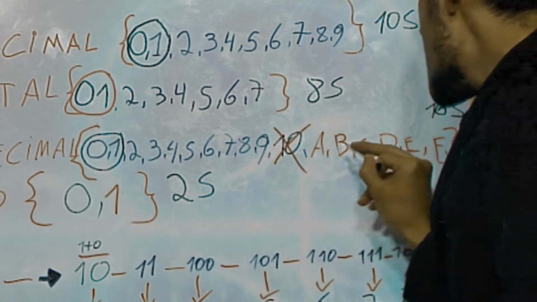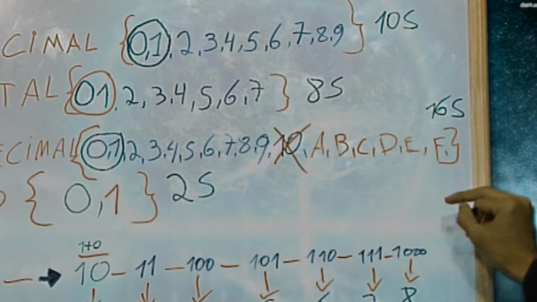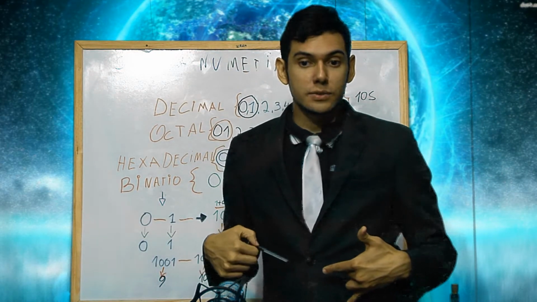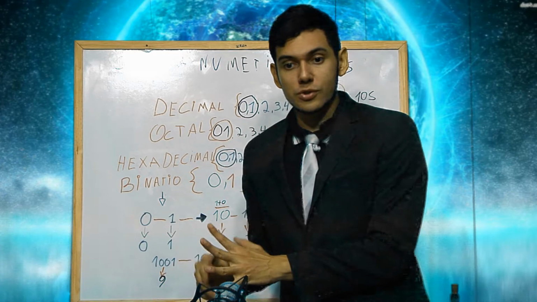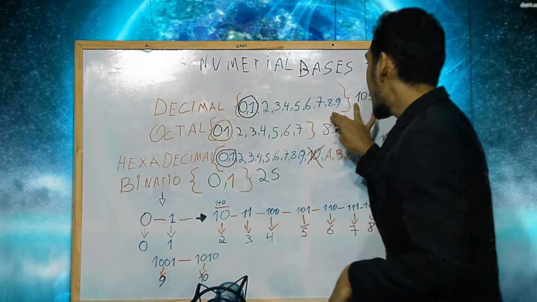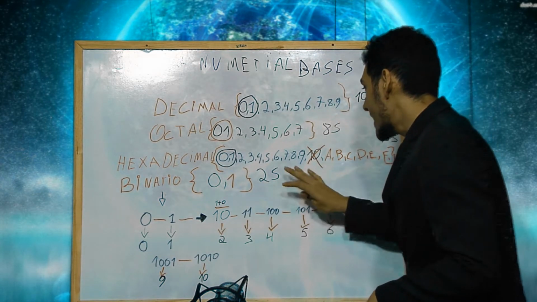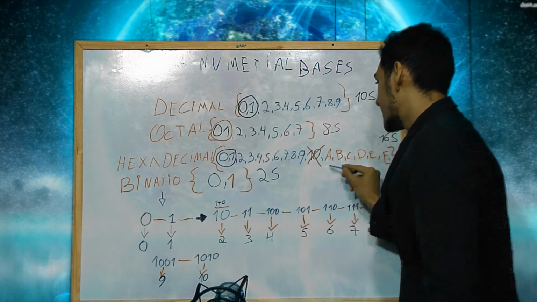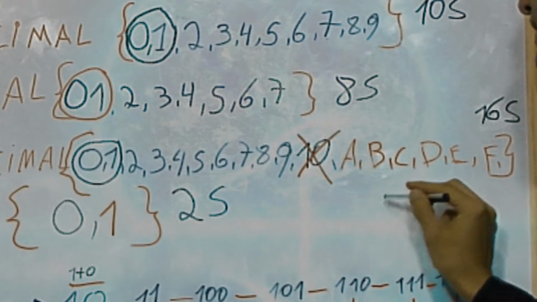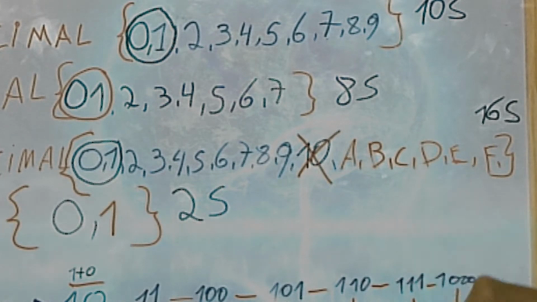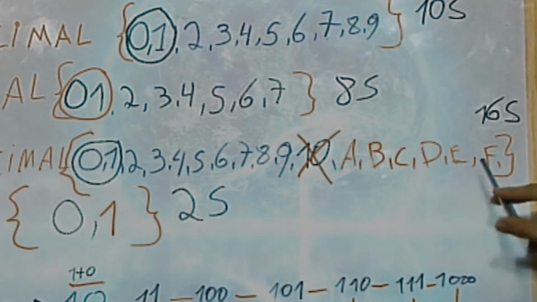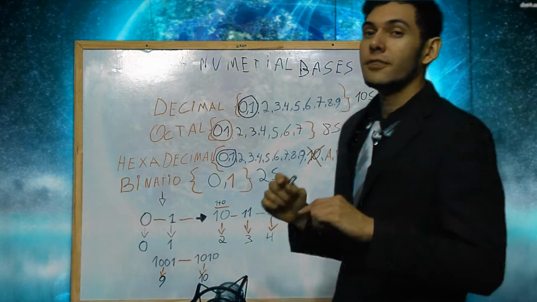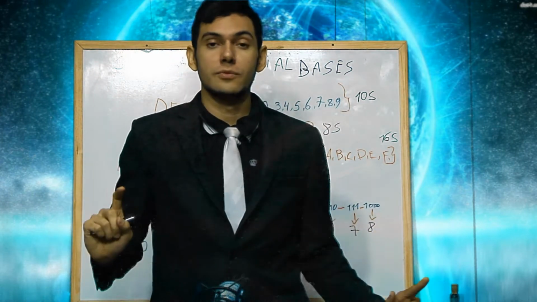We have A, B, C, D, E, F. That's the big difference between hexadecimal and decimal count. We have more symbols. We don't stop at 9 and start repetition, because 10 is a repetition. So we have A representing 10, B representing 11, C representing 12, D representing 13, E representing 14, and F representing 15. So interesting, right?